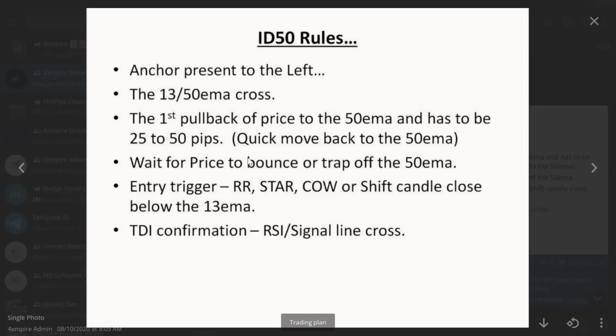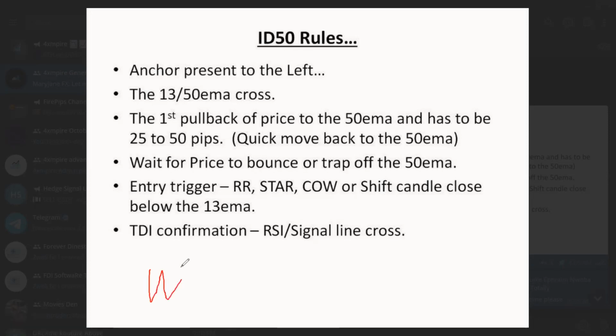If it is a quick move and you are seeing it like, hey, they are selling, they are selling, they are selling, if it's a quick one back to the 50 EMA, it is very much better. So now, after this quick move to the EMA, what are you to do next?